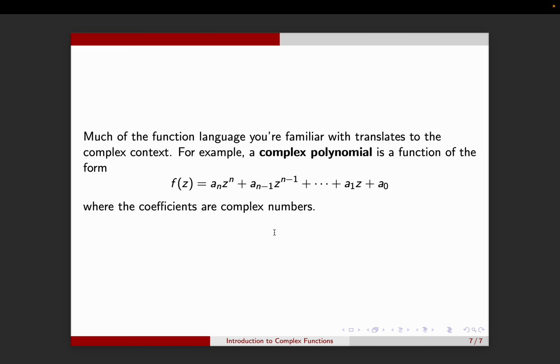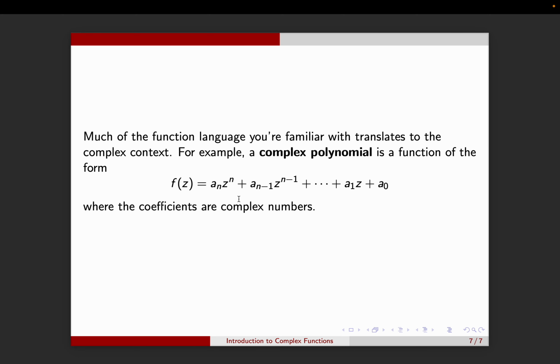The last thing in this video is just to point out that most language around functions that you're familiar with will translate. For example, a polynomial, what does that mean? It means the same thing it did in 10th grade. It's just whole number powers on your variable with coefficients that come from the space you're living in, in this case, complex numbers.